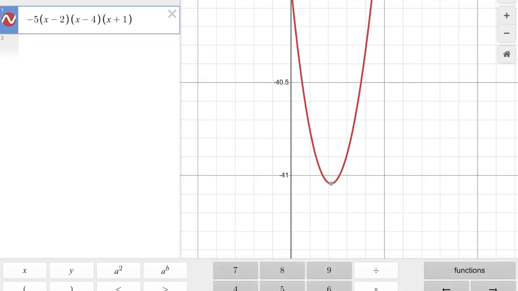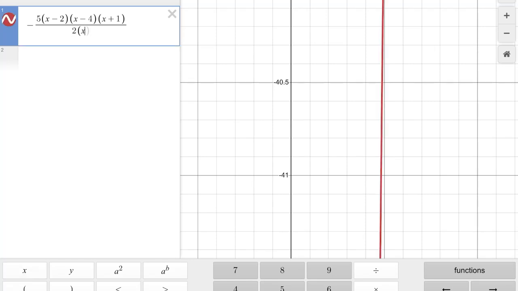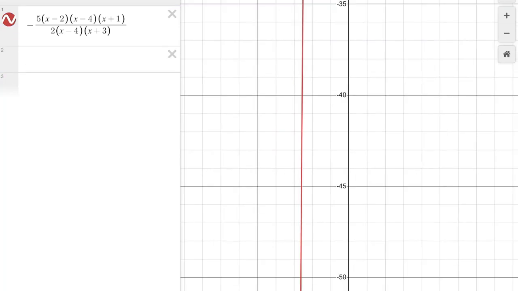Okay, here hopefully if I just press divide, boom. And now I have to just put in 2 x minus 4 times x plus 3. Okay, zoom out a bit.